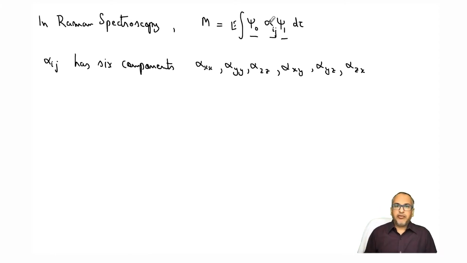Now, what is the symmetry of alpha? The symmetry of alpha is basically the direct product of x, y and z, right? So x y, y z, any of these direct products.